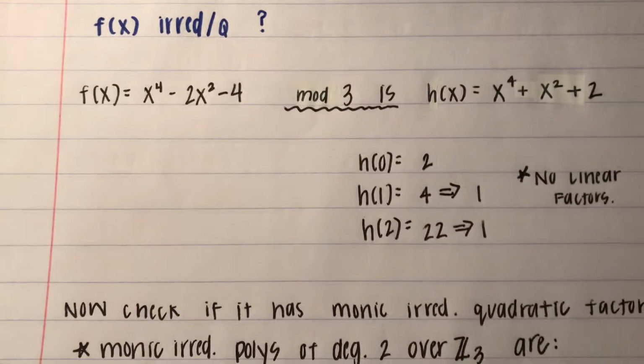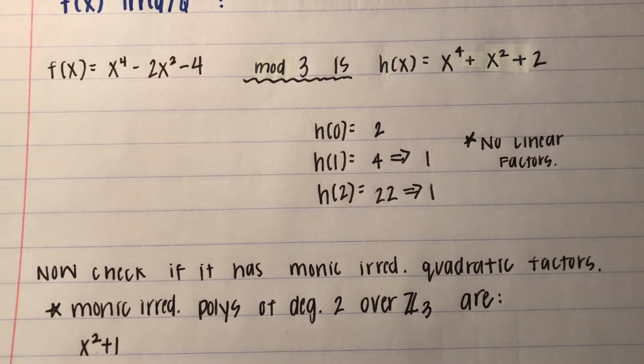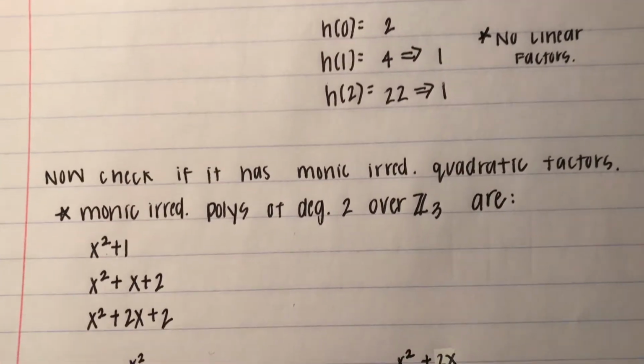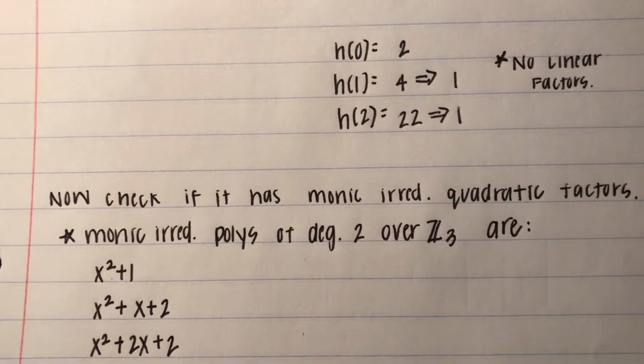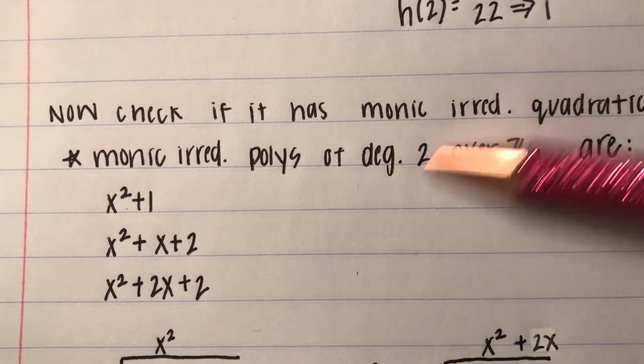The next thing we have to check is if it has any monic irreducible quadratic factors. There are 3 monic irreducible polynomials of degree 2 over Z3, and those are these polynomials right here.